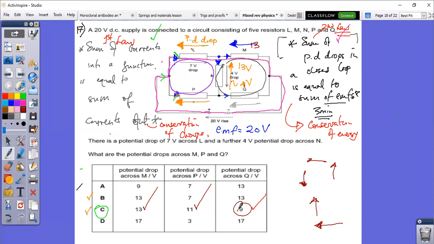Now, if you've not yet learned this rule, I cannot overemphasize how important it is that you're able to apply it. Otherwise, you will have a huge gap in your knowledge of electricity at A level. So it's important to be able to do what I just did.